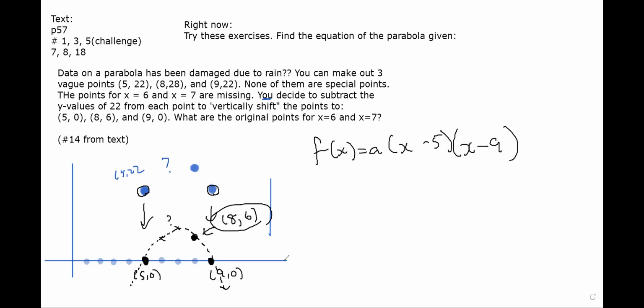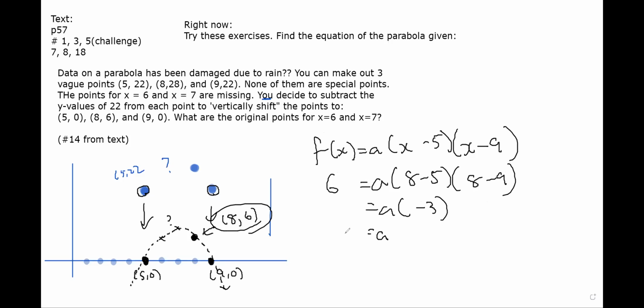I also have a random point, thankfully, giving me this. We have 3 times -1, that's a -3. A is a -2. So my function for the black parabola is that. Okay, if that's the case, what would be these points for my black parabola?